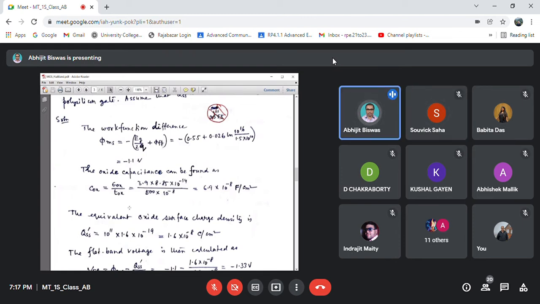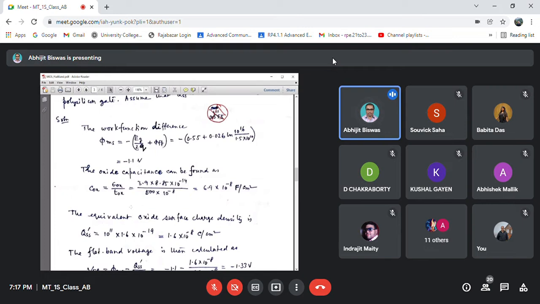Now, the next step is to find the oxide capacitance, Cox. You know that the capacitance is epsilon A by d. Epsilon is the permittivity of the dielectric, A is the area, and thickness is Tox. Here we are considering capacitance per unit area. Therefore, A is equal to 1. So Cox is epsilon ox by Tox.